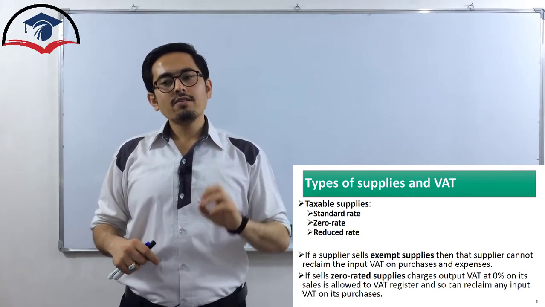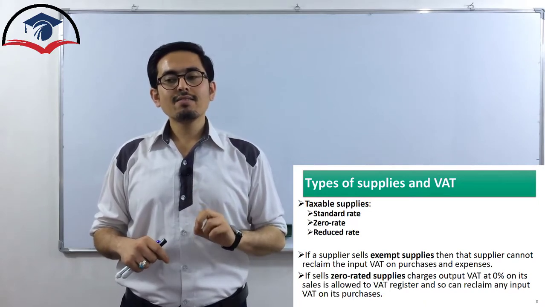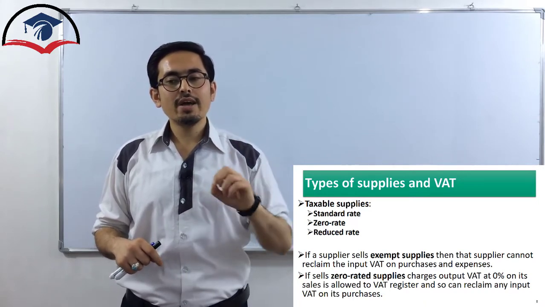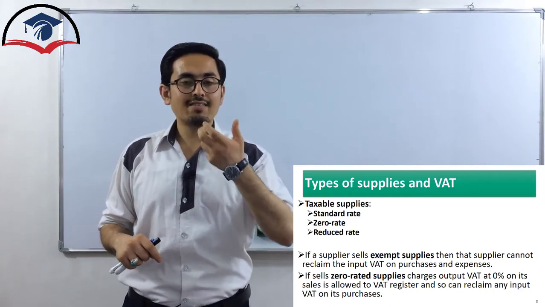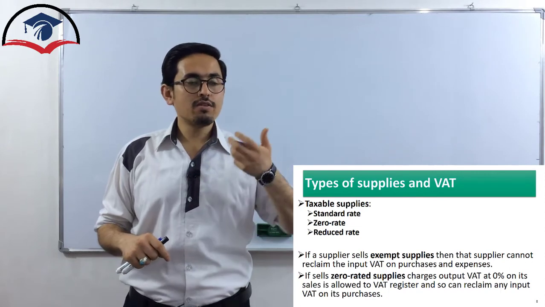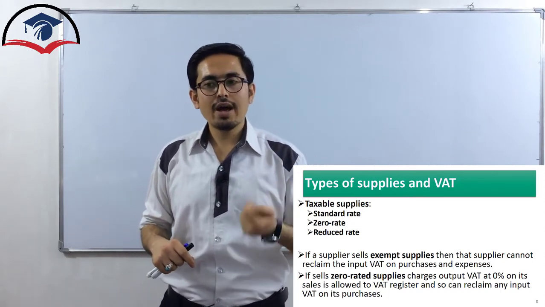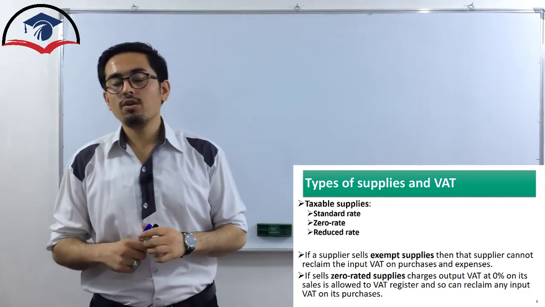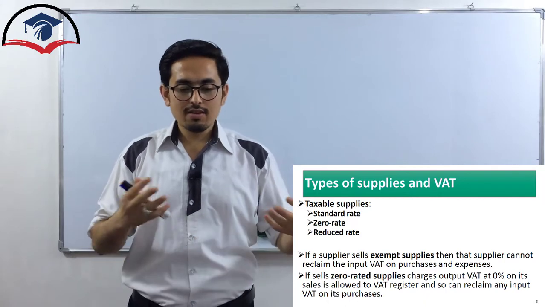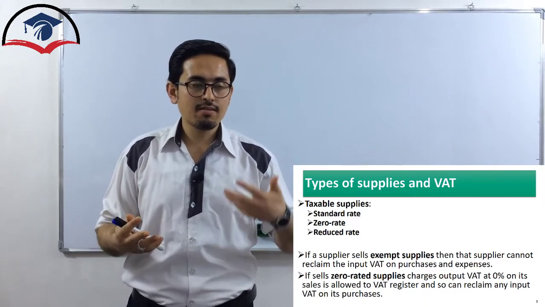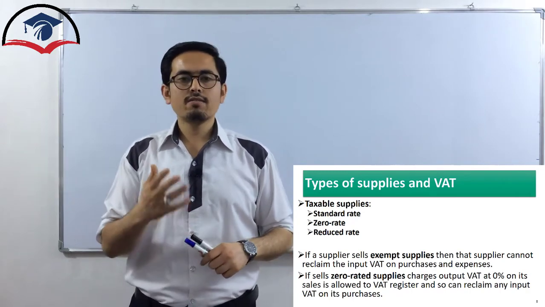If a supplier sells exempt supplies, then that supplier cannot reclaim the input VAT on purchases and expenses. This is the case: on exempt supplies, there is no VAT on both input and output. So there is no claim on the input tax they have paid, and it's not recoverable.